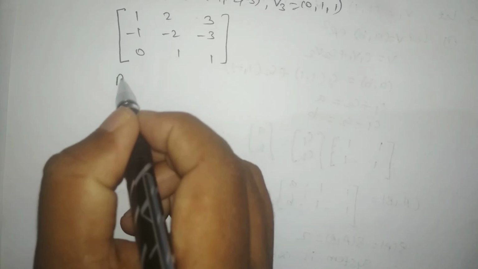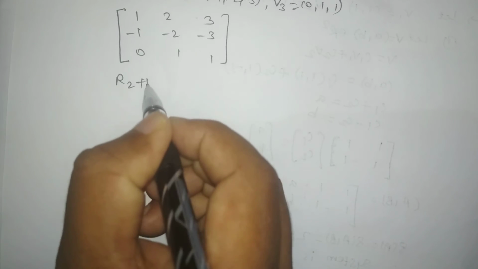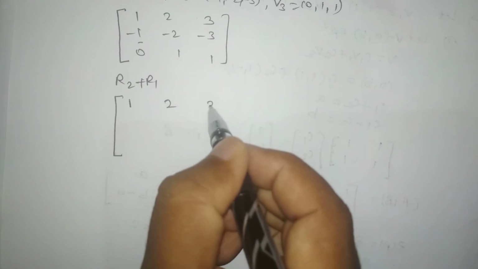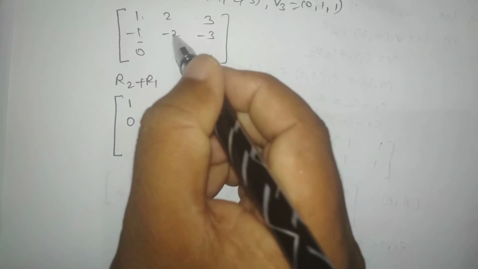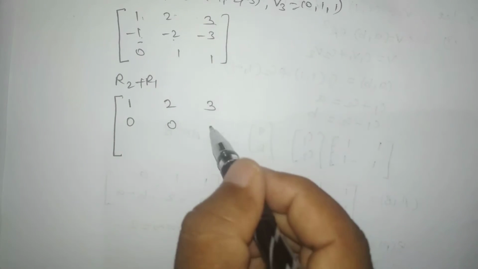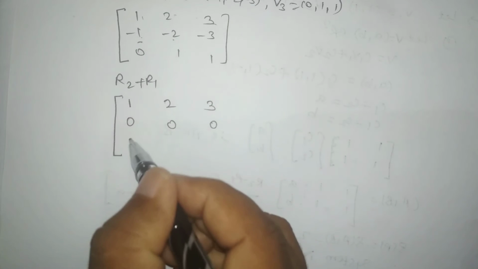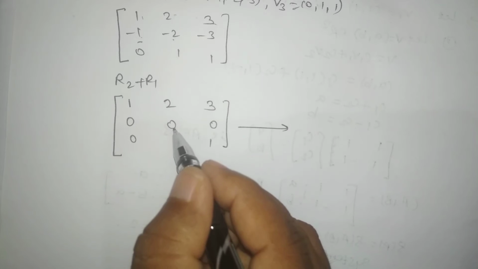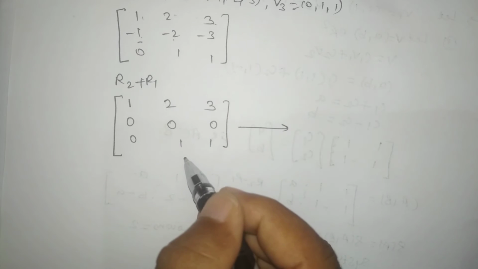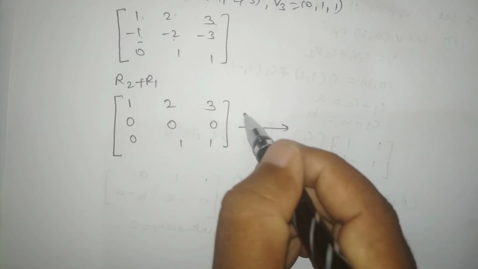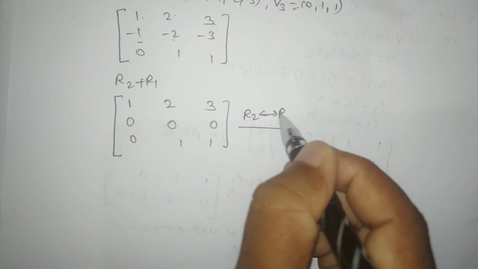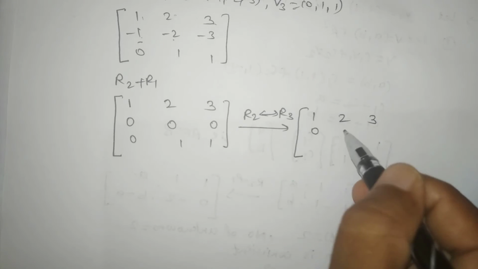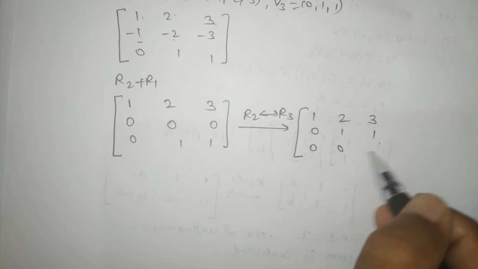So we are using the operation R2 plus R1. We have to make a 0 here. So we will get 1 2 3, then minus 1 plus 1 is 0, minus 2 plus 2 is 0, minus 3 plus 3 is 0. Then the third row as it is. After that, the next operation: put the 0 row at the last and the non-zero row in the second. So R2 interchanged with R3. So you will get 1 2 3 as the first row, second row 0 1 1, third row 0 0 0.